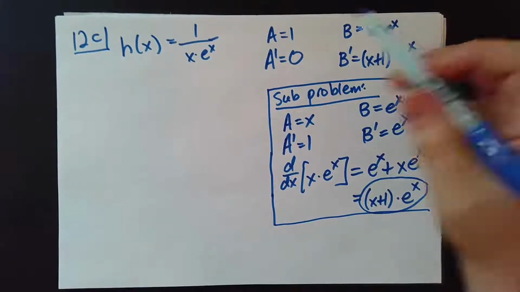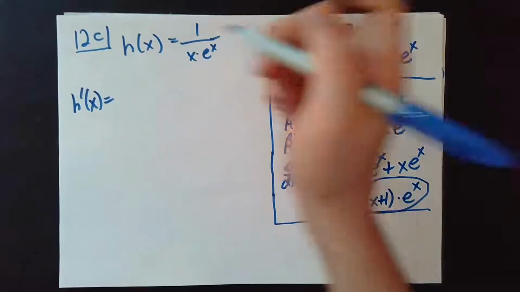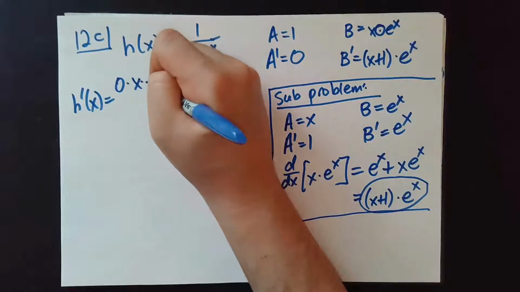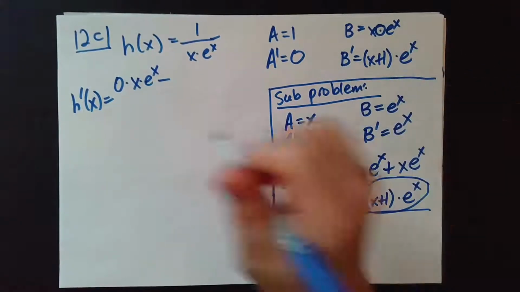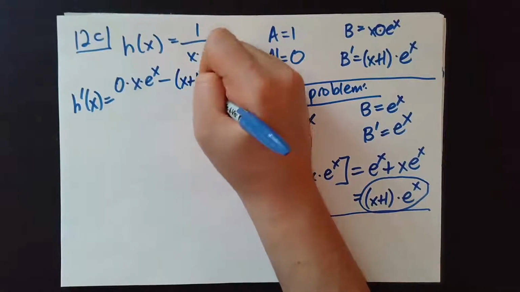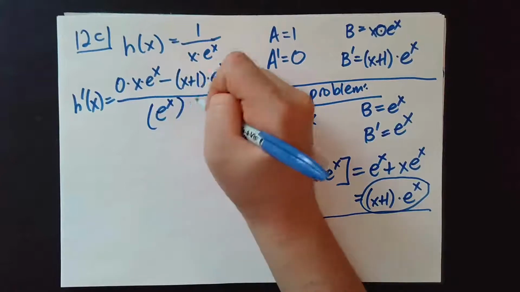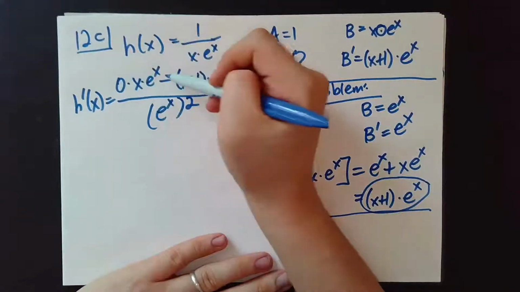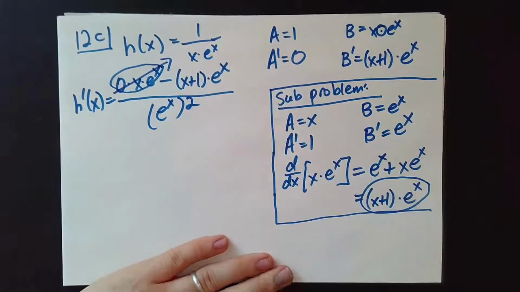And now I can apply the quotient rule here, which when I do, I'm going to get that h prime of x is a prime b minus a b prime. Now be super careful in these instances where you're multiplying something by 0. 0 times anything is just 0. So this whole thing just evaporates.